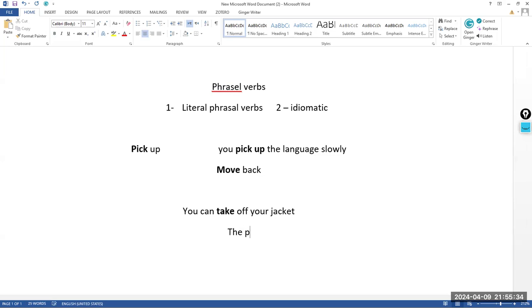The plane takes off every hour. Now, what is the meaning of take off? Bravo. So please, this has another meaning. This is a literal phrasal verb, and this is not a literal phrasal verb. This is idiomatic.